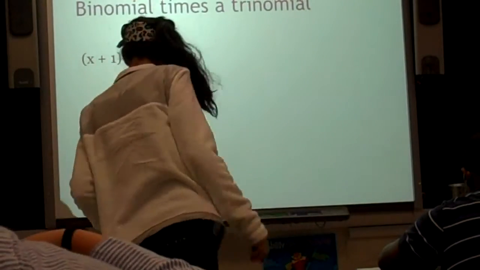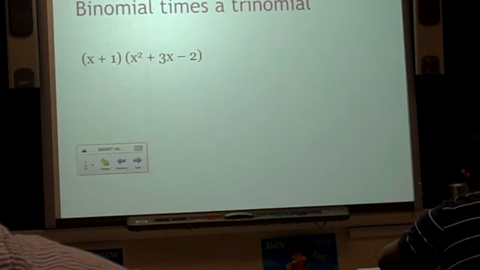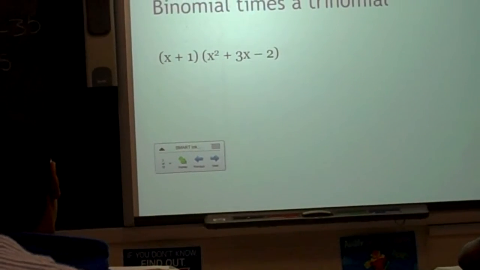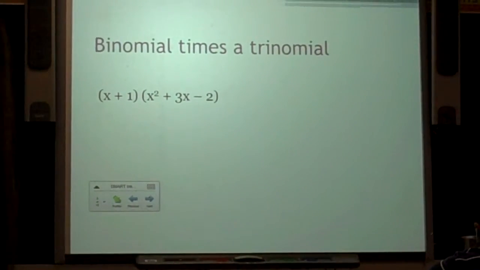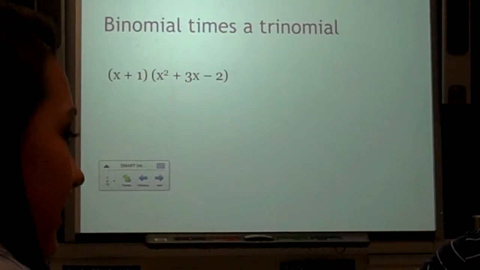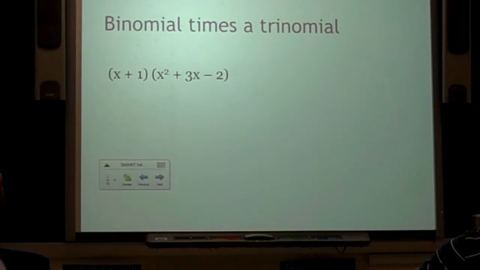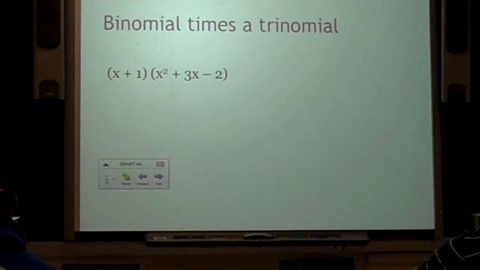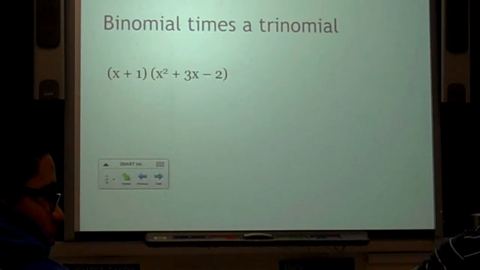So any suggestions on this one? This isn't a binomial times a binomial, so I don't think FOIL is going to work. In order to do FOIL, it had to be a binomial times a binomial, and this is a binomial times a trinomial written on the board.